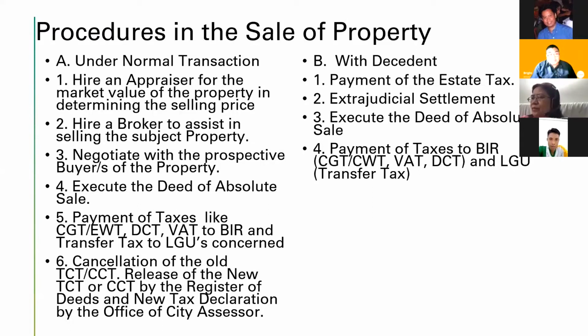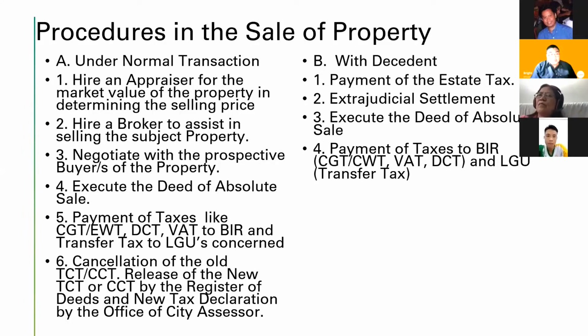The capital gains tax, or the EWT, the doc stamp, and the VAT for ordinary asset. Pag capital asset, you have capital gains tax. And for the LGU, you have the transfer tax. It varies depending on the policy or the ordinance of the LGU.